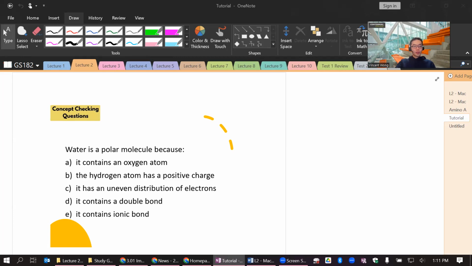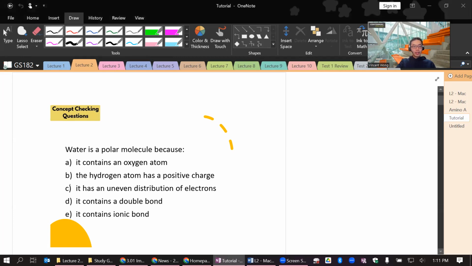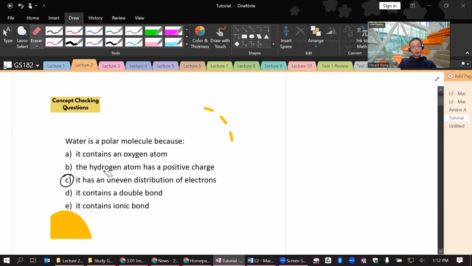So that's the result. And the correct answer is uneven distribution of electrons, right? Because the oxygen is pulling the electron towards itself more compared to the hydrogen. That's why it becomes slightly negative. Now, it is true that for the polar molecule, the hydrogen is slightly positive, but it doesn't have a positive charge.